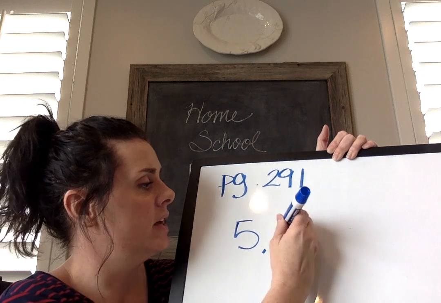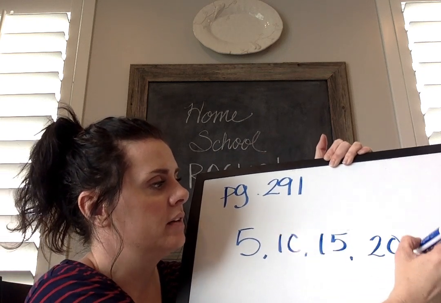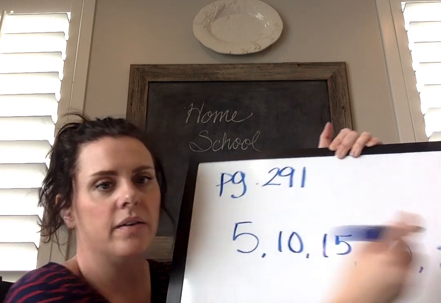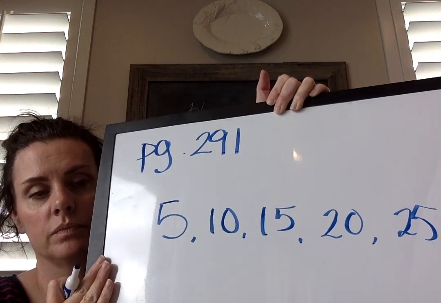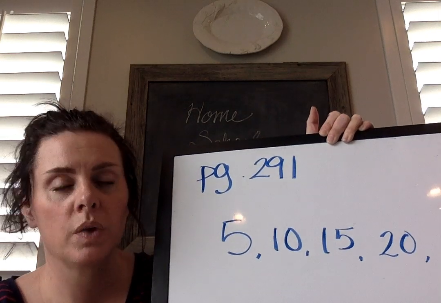It's going to go 5, 10, 15, 20, 25. Okay, is that what you got? I hope that's what you got. If you didn't, think about what you were missing, and now that you can see the answer, see if that makes sense for you. Okie dokie?